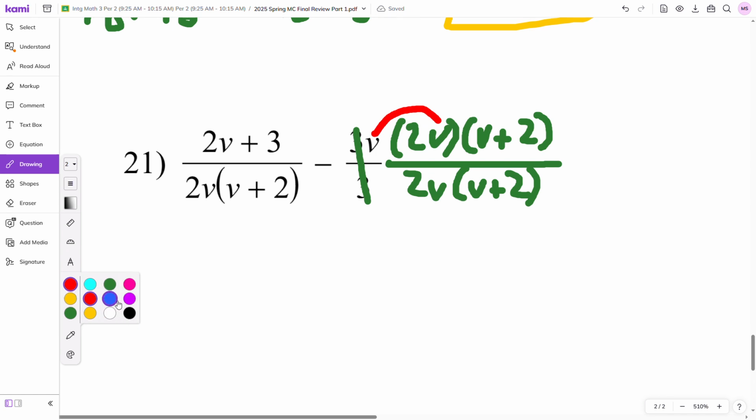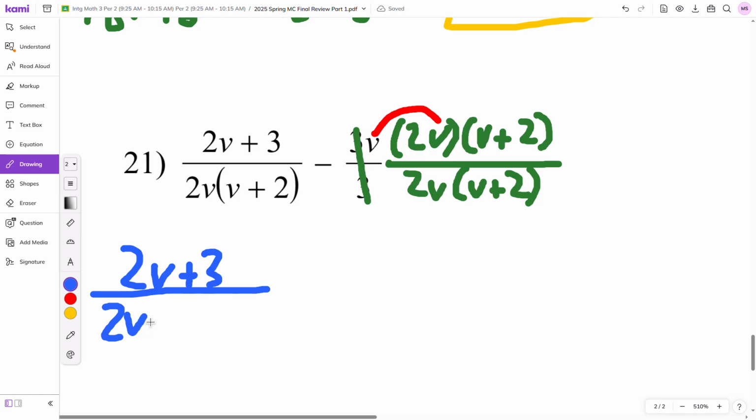So here's what we have. We have the original fraction over, I'm just going to go ahead and write this, 2v squared plus 4v minus, so this is going to be 2v squared times v plus 2, so that's going to be 2v cubed plus 4v squared.